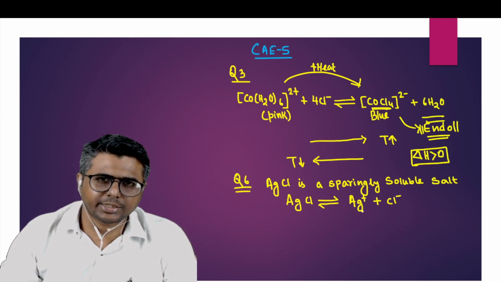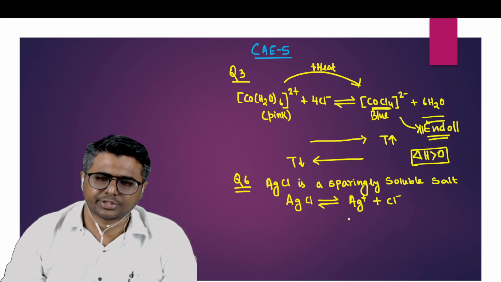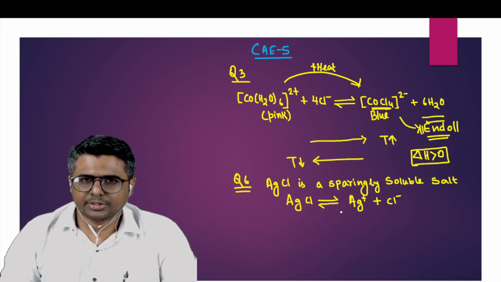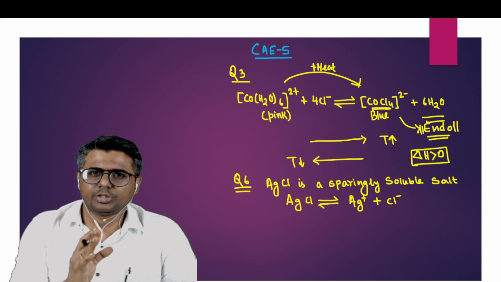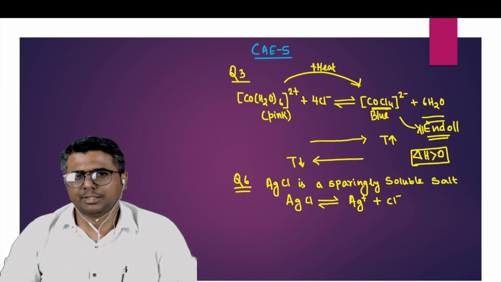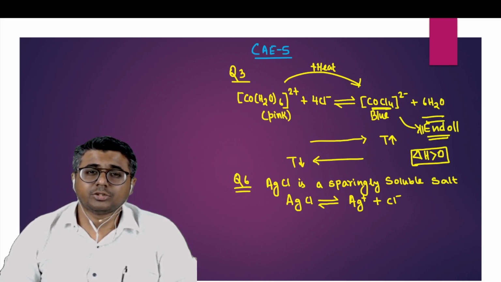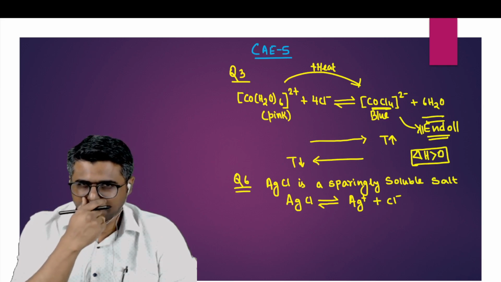Generally it does not dissociate, but even if it dissociates, this will be the dissociation reaction. So let us first understand the reaction and its implications. When AgCl breaks down into Ag plus and Cl minus, that is the forward reaction, and it is called solubilization. That means AgCl is getting solubilized into water.